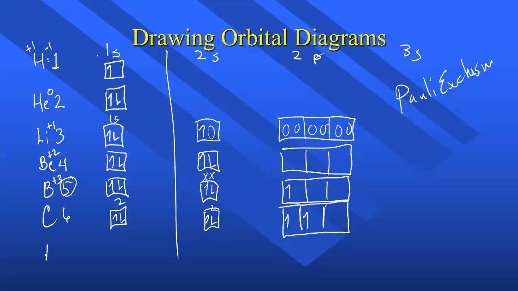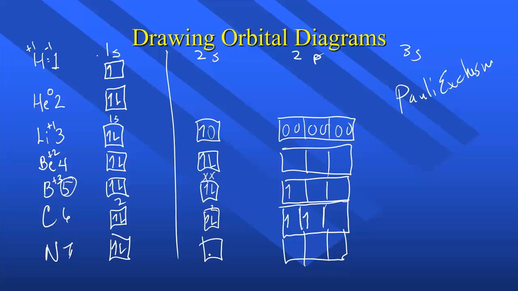How about nitrogen? Molly, describe it. It's 7. Molly, go. 4. Huh? What? Okay, 4 rooms. You sure about that? Let's start right here. How many go there?